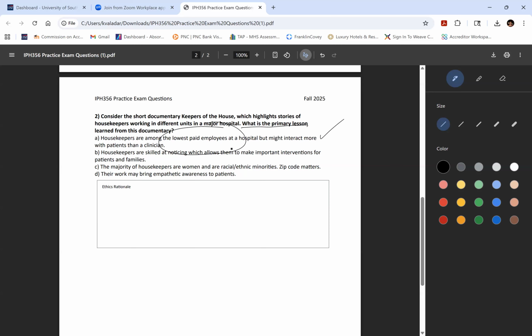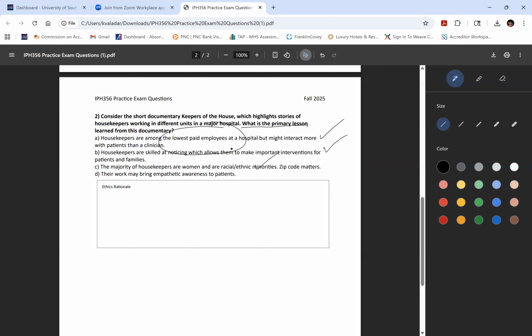Housekeepers are skilled at noticing, which allows them to make important interventions for patients and family. You know what? That's also true. The majority of housekeepers are women and are racial ethnic minorities. Well, at least in the documentary, that's true.